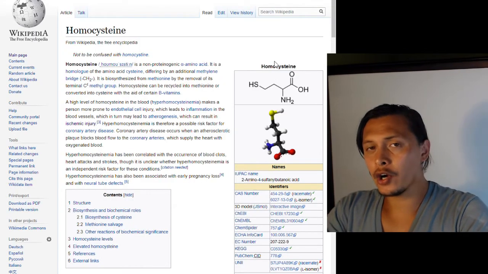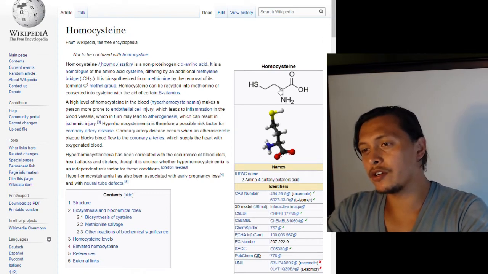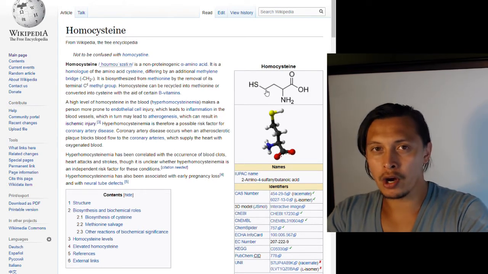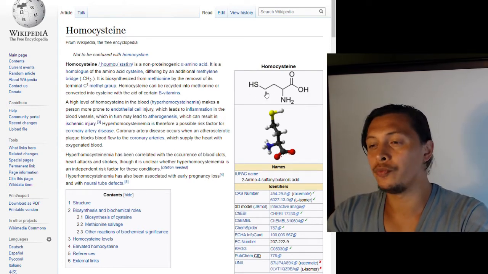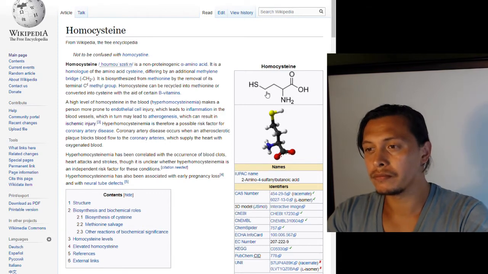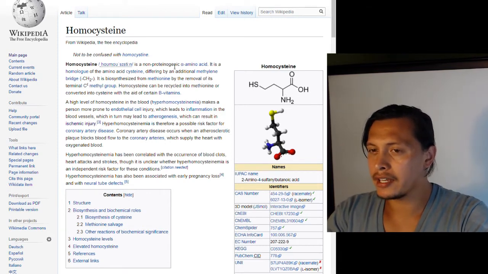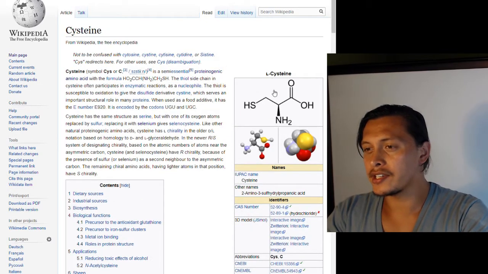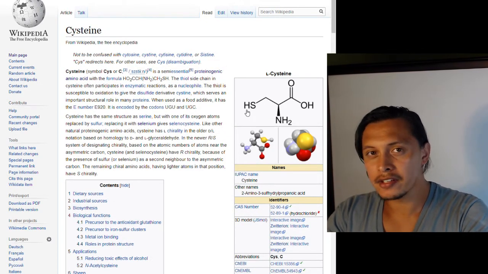It's called homocysteine because normal cysteine would just have this carbon here and then have this thiol group right here, but homocysteine actually has this additional carbon over here. So this is cysteine, it has one carbon and then this thiol group.